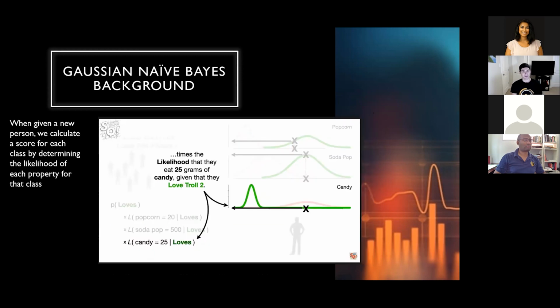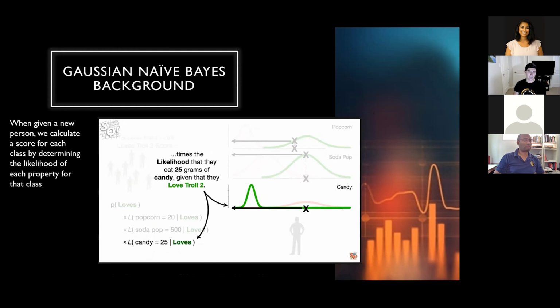Now, when a new person comes along, we can classify them in either of the two groups as loving the movie or not loving the movie, based on the values of the properties that they give us. So they give us the amount of candy they consume, soda pop, and popcorn, and we plug all of those into the distributions for each class.